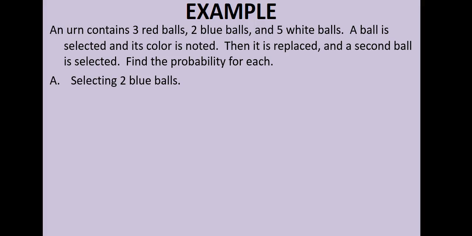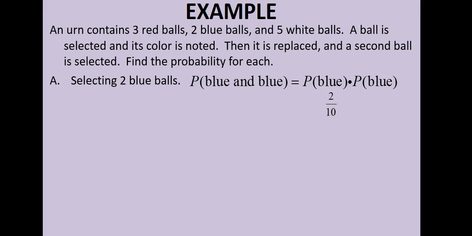The first thing we want to check the probability of is selecting 2 blue balls, meaning that I would draw a blue ball on the first draw, and then put it back in and draw another blue ball again. So I'm talking about the probability of blue and blue, and that would be the probability of blue times the probability of blue. Well, we see that a blue ball can happen 2 out of the 10 occurrences. So we have 2/10 times 2/10.